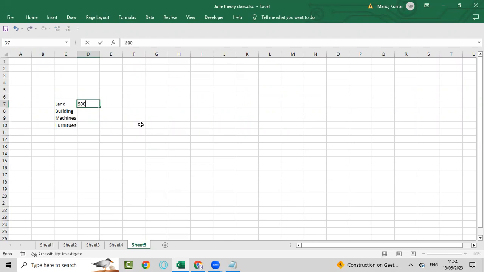Let's suppose 500, 200, 300, 100. So total value is this. Now we have to depreciate. This item will not be depreciated. Rest everything will be depreciated. Let's say, for an example, 10%.